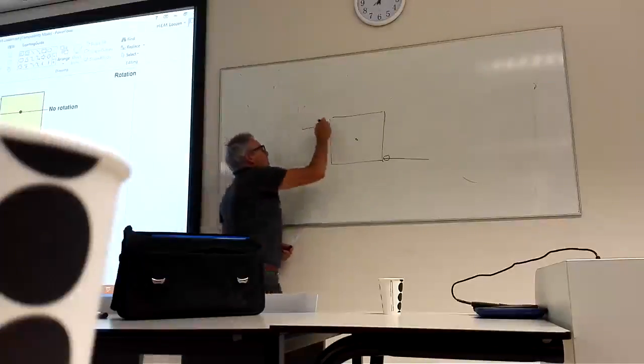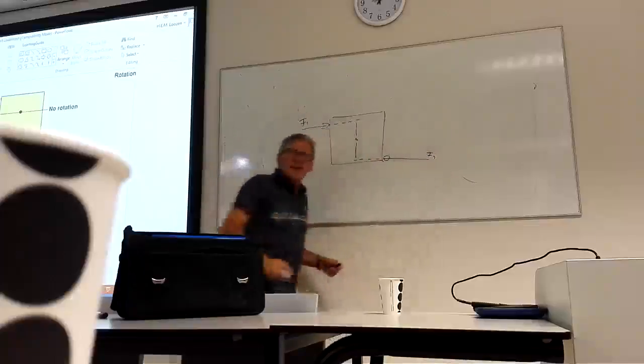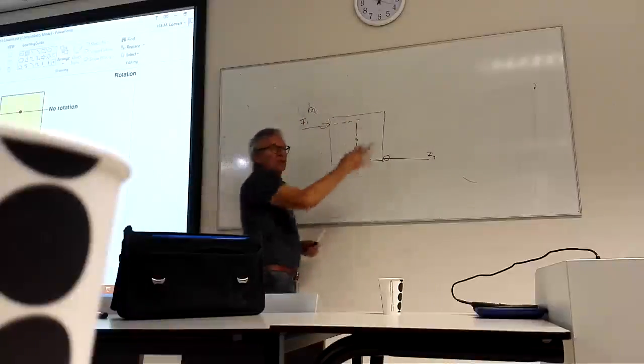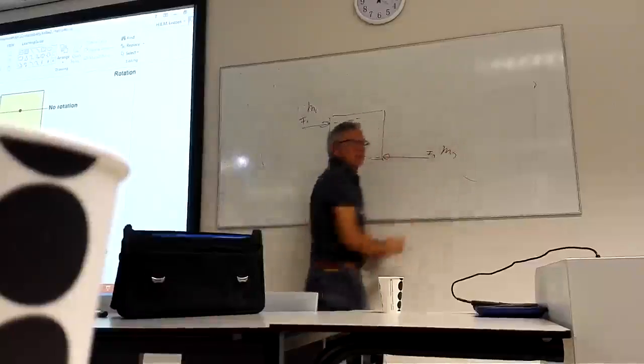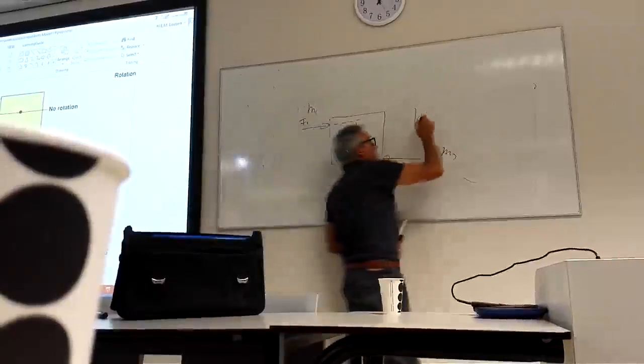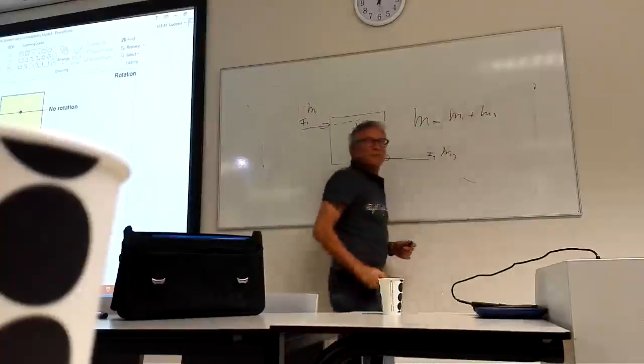This is F1, and this is F2. You can add them. So moment 1 is rotational clockwise. Moment 2 is rotational clockwise. So you can add them. The entire moment is M1 plus M2.